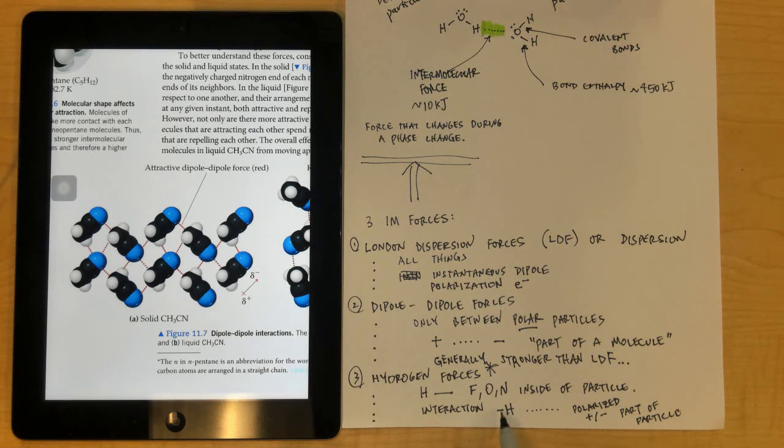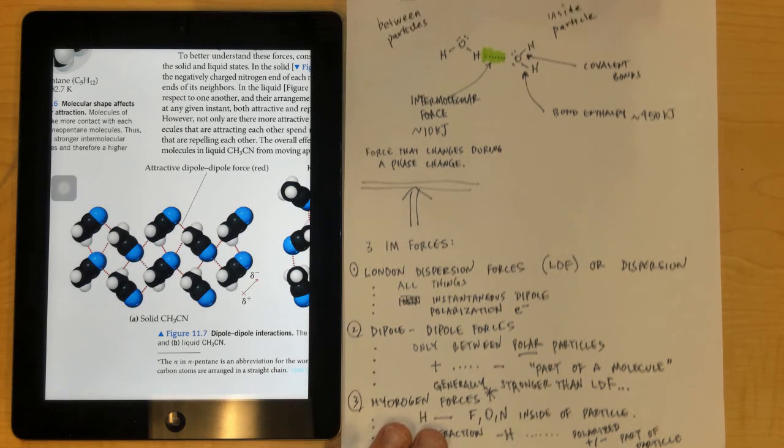And it's an interaction of the hydrogen atom with a highly polarized or a highly electronegative atom of fluorine, oxygen, or nitrogen. This causes the molecule to have a real high positive and negative part to that particle, and then it causes it usually to stick together better.